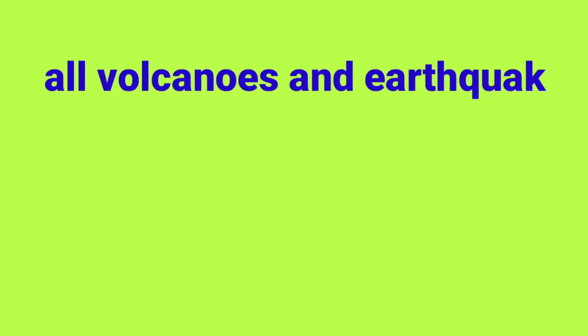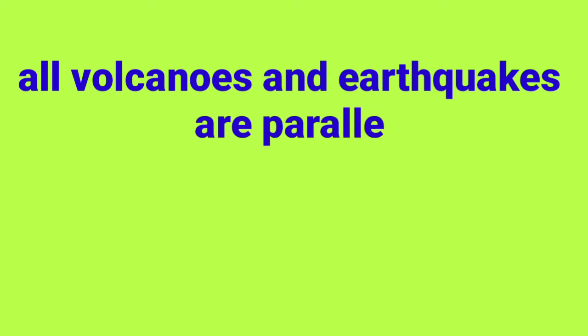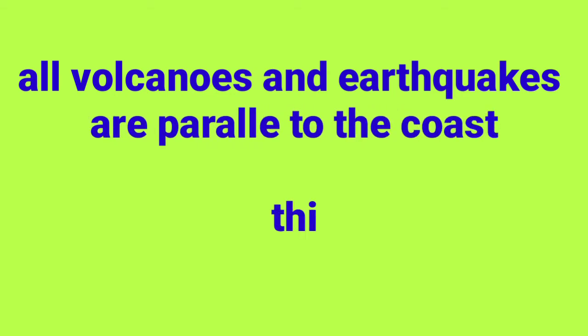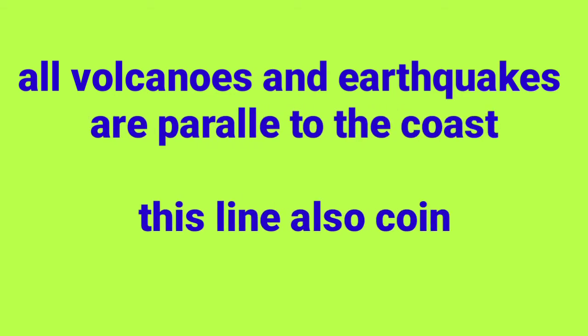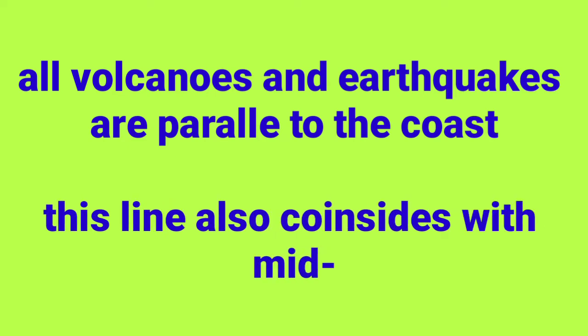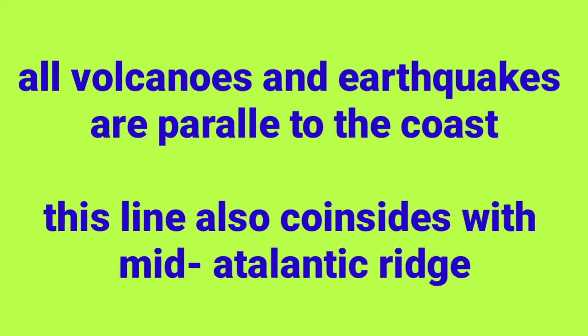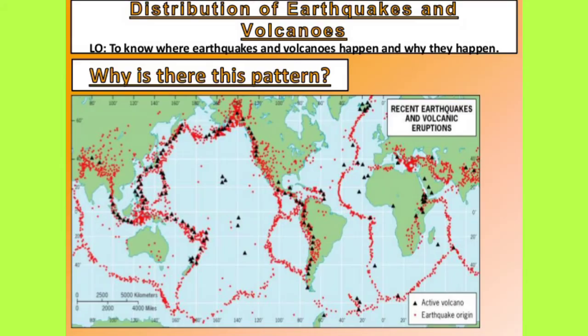As all volcanoes and earthquakes are parallel to the coastline, this line is also considered with the mid-Atlantic ridge. The distribution of volcanoes and earthquakes around the Pacific Ocean is known as the Ring of Fire.